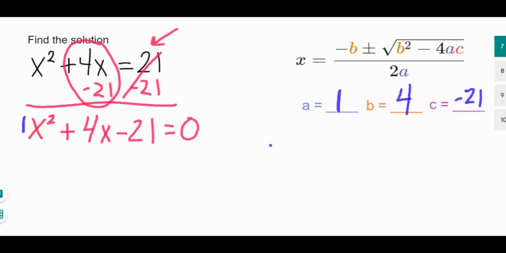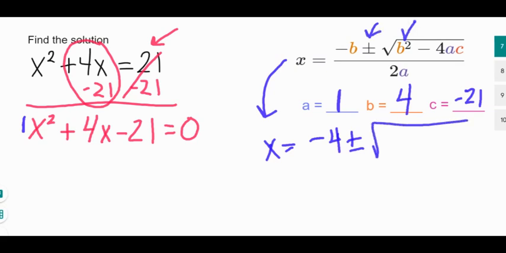So I'm going to write x equals, I'm copying from here. Now instead of negative b, I'm going to write negative 4 because my b is 4. Then I'm going to write plus or minus. I'm just copying it down. Then I have square root b squared. So my b is 4, so I'm going to write 4 squared.